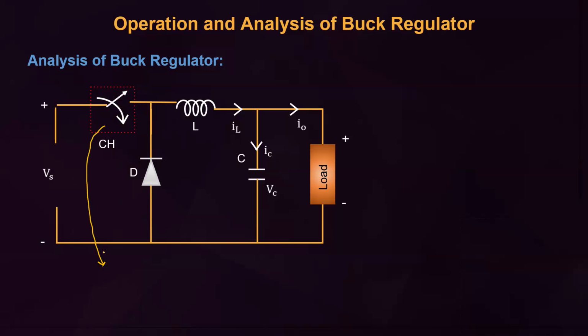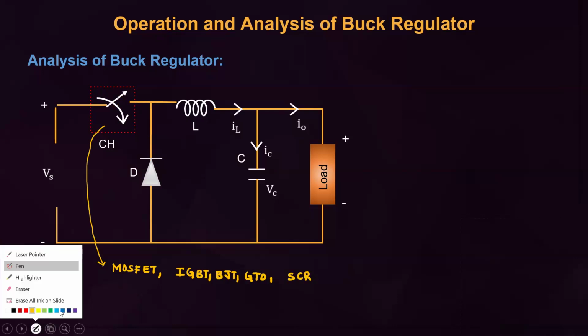The switch may be a MOSFET, IGBT, BJT, GTO, or SCR. By giving any device, they will give the circuit. But for simplicity, I have shown it as one switch.